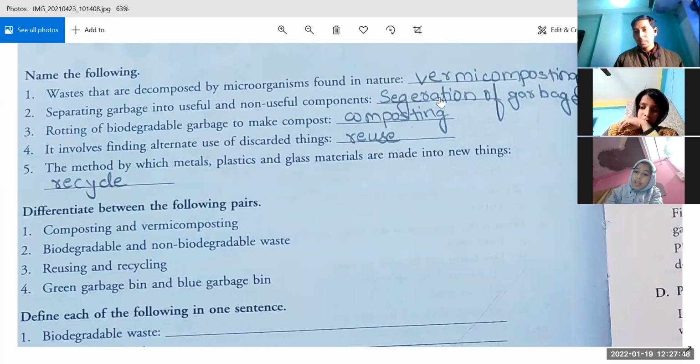The spelling of segregation, all of you have written correctly now. S-E-G-R-A, segregation. Then the method by which metals, plastics, and glass are made into new things. That is recycle.